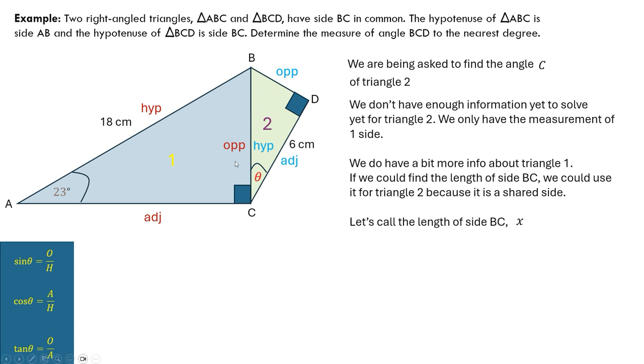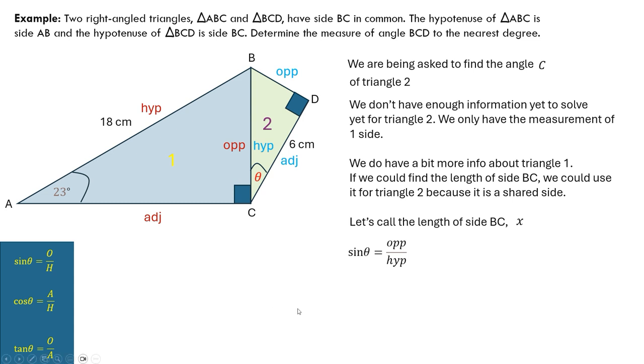So, we're interested in a trig ratio that deals with the opposite and the hypotenuse. What ratio deals with opposites and hypotenuse? According to our chart, it's the sine ratios. So we can set up a sine statement for opposite over hypotenuse.